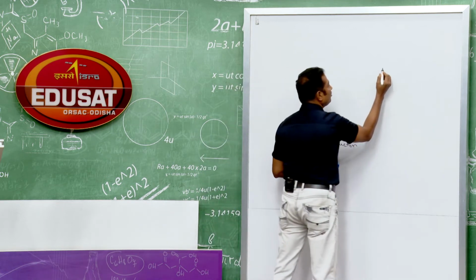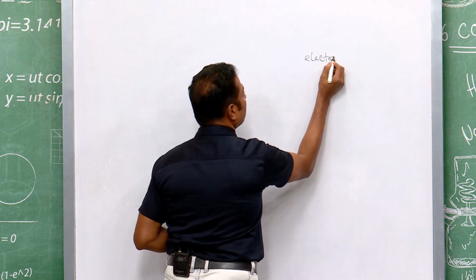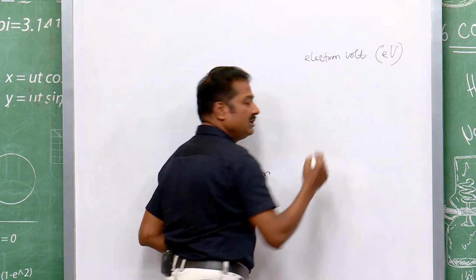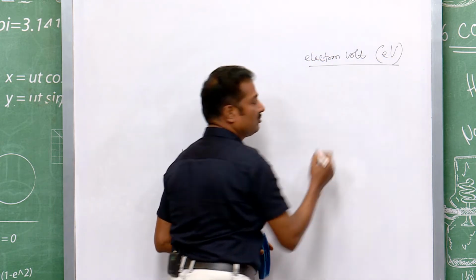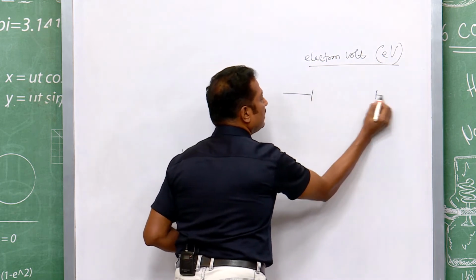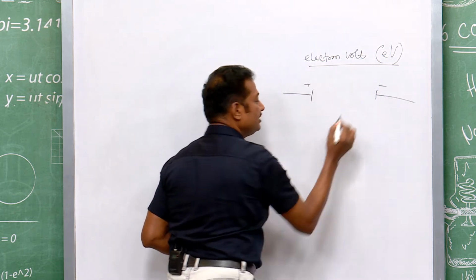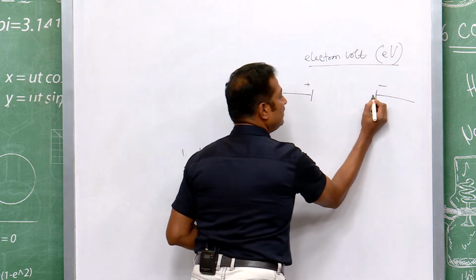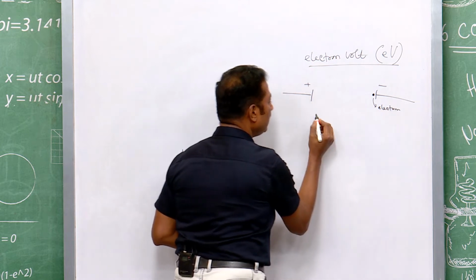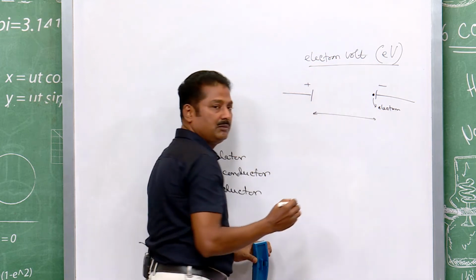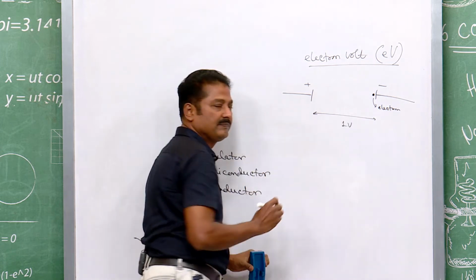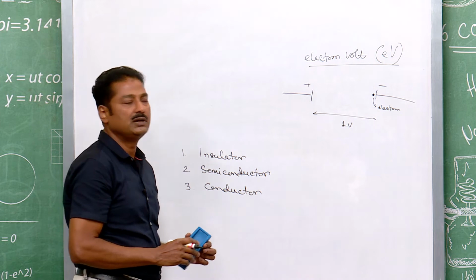So, what is electron volt? It is written as small e, capital V. If there are two plates, one positively charged and one negatively charged, and there is an electron, and a potential difference, or a 1 volt battery, is given, the potential difference is 1 volt.